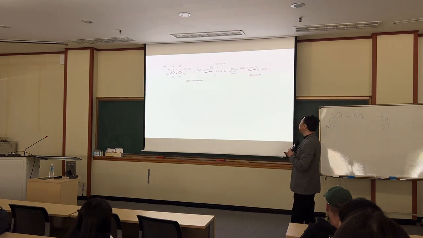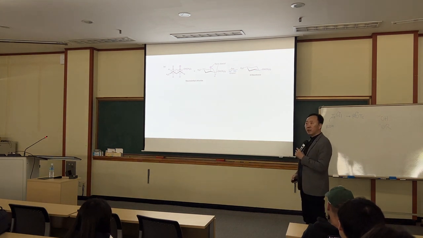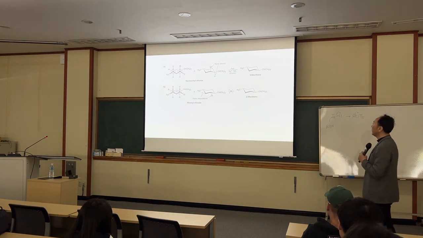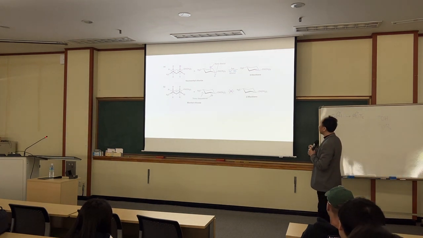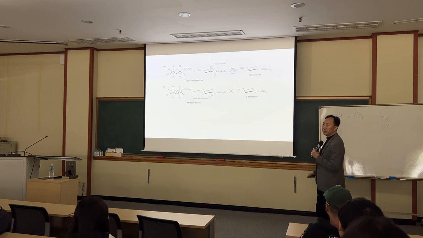Now, in HCl, most of them are axial. If you add a strong base, then the base attacks here, pushes, and generates this double bond form in comparison. Now, with this structure, the chloride is down here, and this is equatorial.